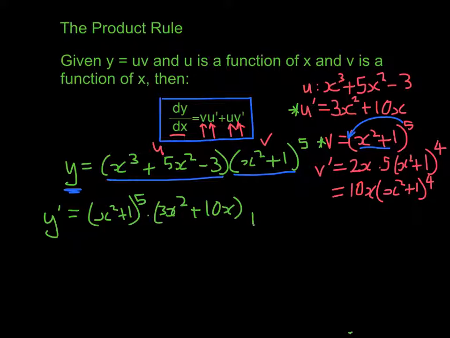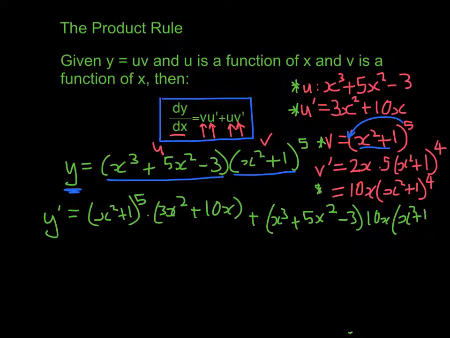Then we add the original function u, which is this one here. So we'll put x cubed plus 5x squared minus 3 times the derivative of v, which is this one here, and that will be 10x times x squared plus 1 in brackets to the power of 4.